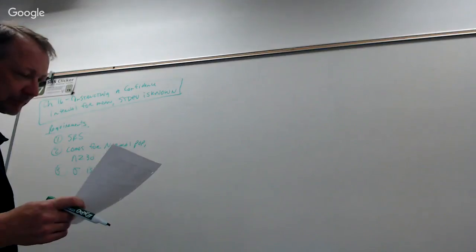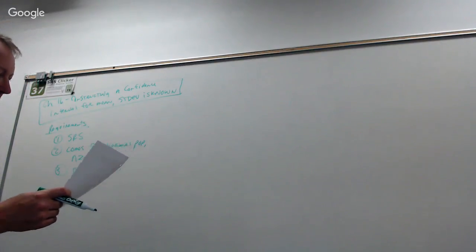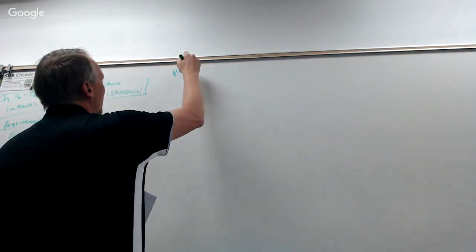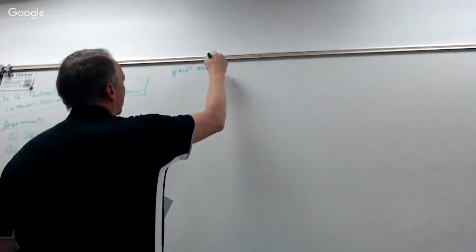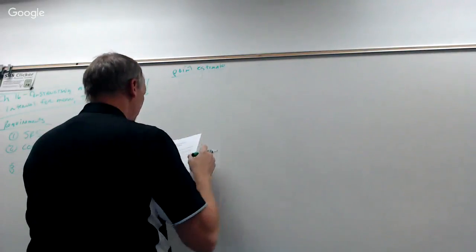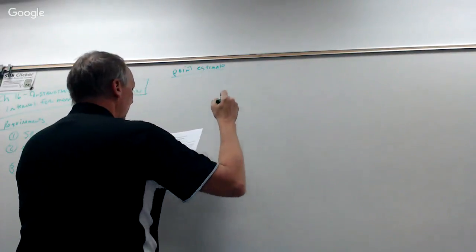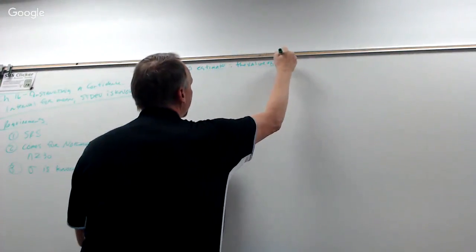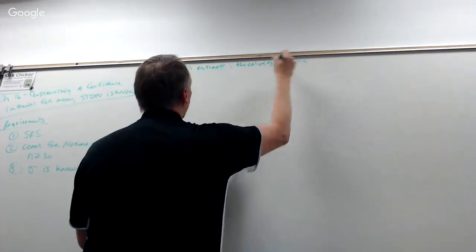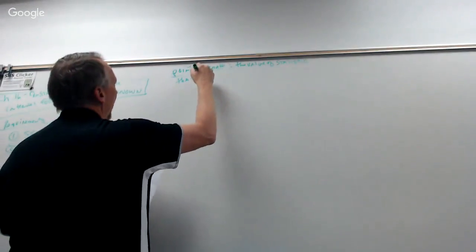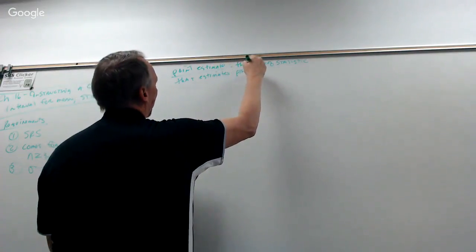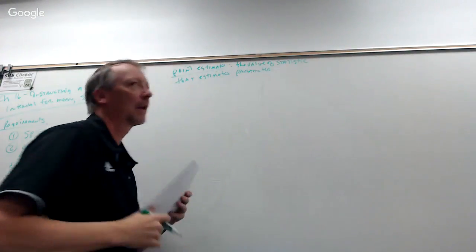So let's talk a little bit about what we call a point estimate. Okay? It is the value of the statistic that estimates the parameter. Okay?